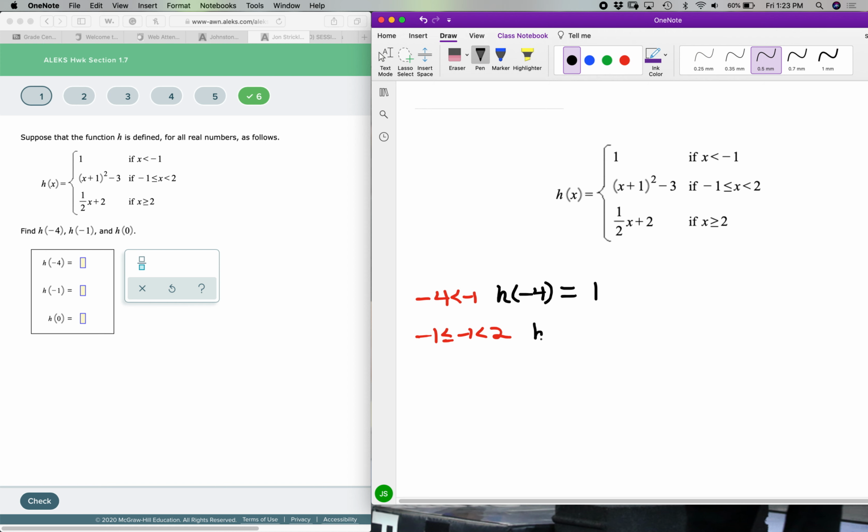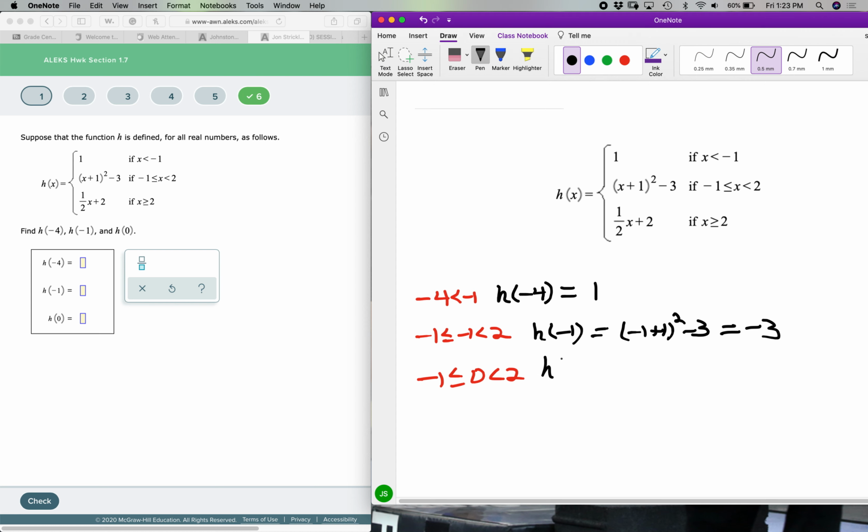So for h of negative 1, that is equal to negative 1 plus 1 squared minus 3, and so this will come out to minus 3. And for h of 0, now 0 is between negative 1 and 2, so negative 1 is less than or equal to 0, which is less than 2. That is true.